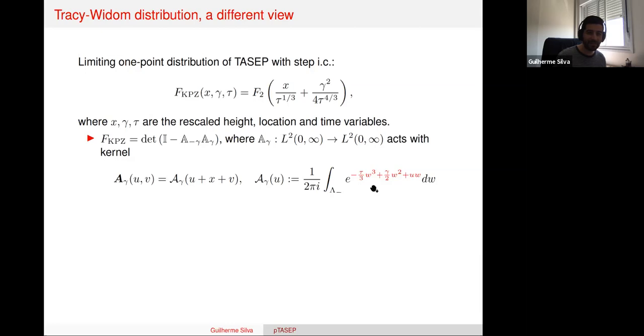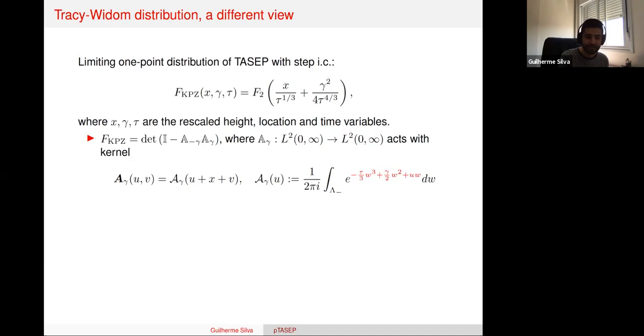So it's almost like Airy, but it's actually a rescaled version of the Airy, right? And I want to highlight this cubic factor that's appearing here, where you have tau, the rescaled time, you have gamma, the rescaled position, and you have this u, which is the variable here for the kernel, which you should think of as x, right? So this, again, is just a complicated way to write the Airy operator, but it can be interesting for comparison.